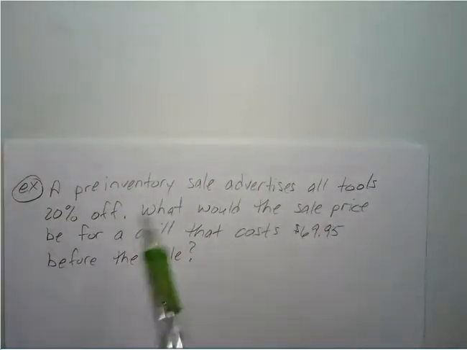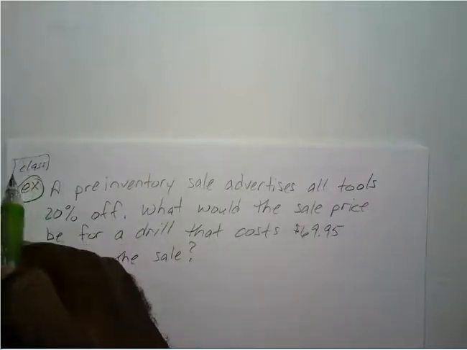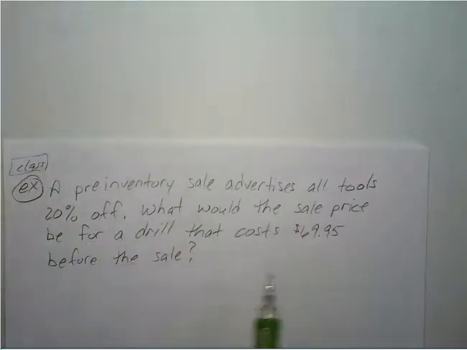All right, so you have a pre-inventory sale that advertises all tools at 20% off. What would the sale price be for a drill that costs $69.95 before the sale? All right, so once again, I want you to press pause and, using the information here, pick the right formula and method to solve it.